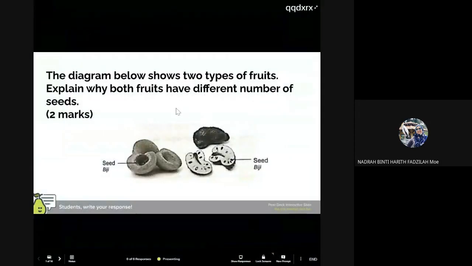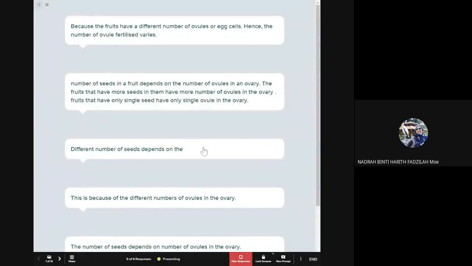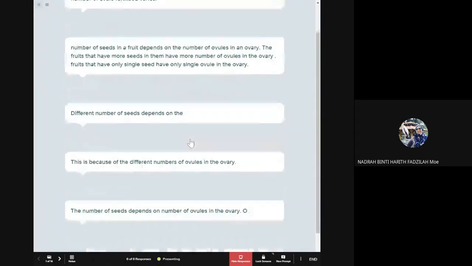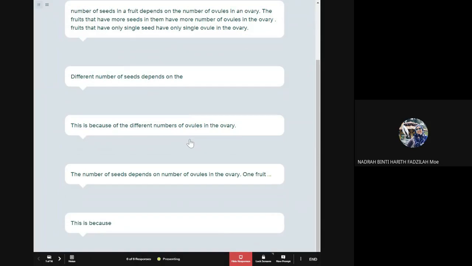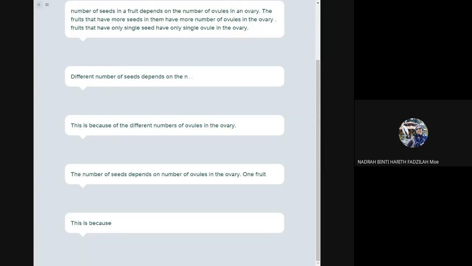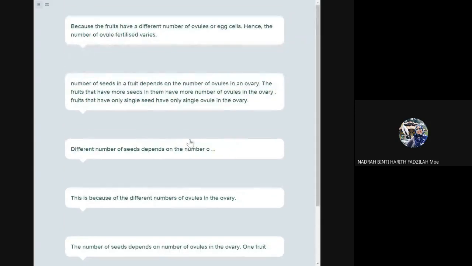Okay, the question is why one fruit has only one seed? Basically lah, why one fruit has only one seed and another type of fruit have many seeds. So here are your ideas. Okay, so saya setuju. It depends on the number of ovules in the ovary.